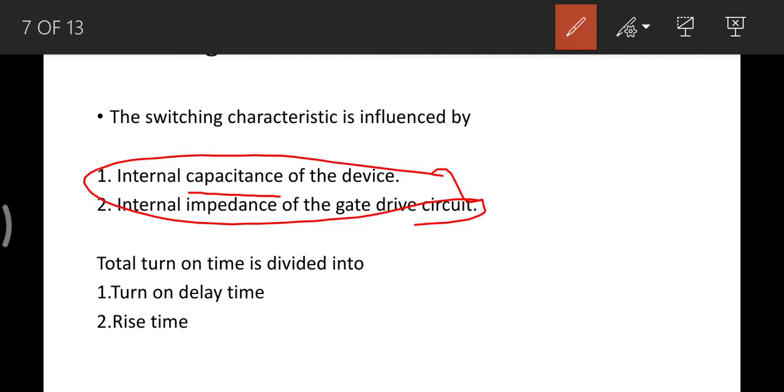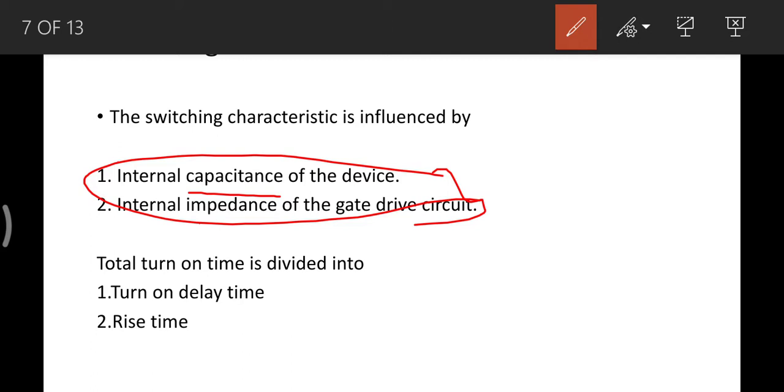Next, the internal impedance of the gate driving circuit. Gate driving circuit means we apply the gate voltage, and there is also some impedance present in the gate driving circuit. That impedance also plays a very important role in switching operations.